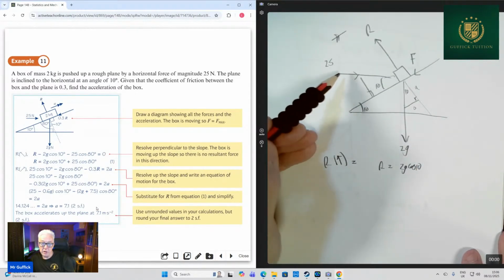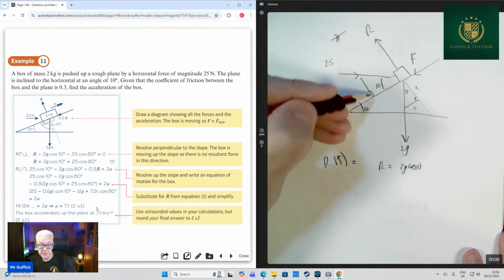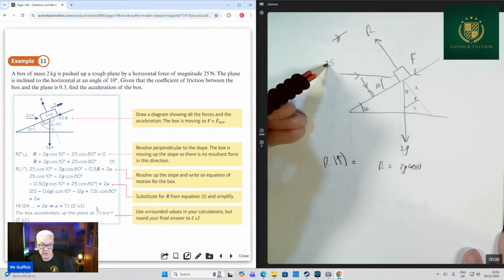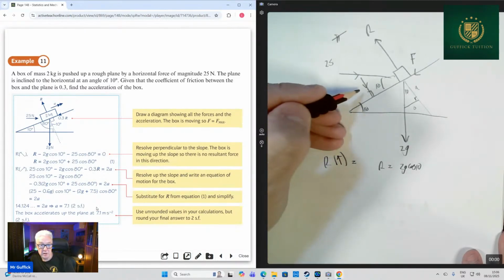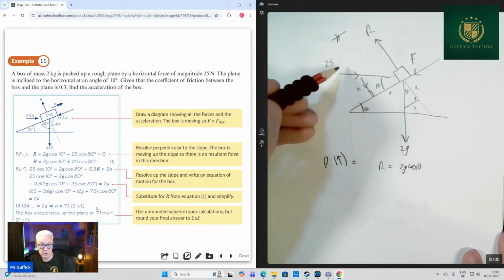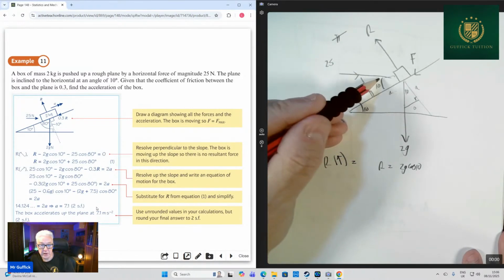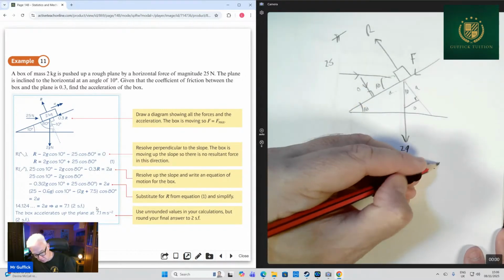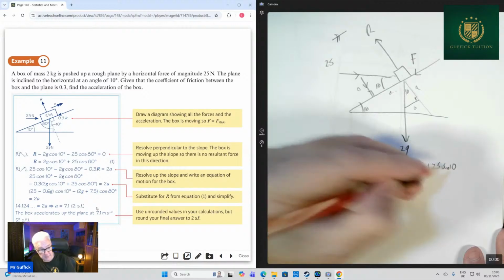The component of this force that's pushing the object into the plane is going to be 25 times sine of 10, because that's the opposite and that's the adjacent in this right angle triangle. So it's going to be plus 25 sine of 10. Okay.